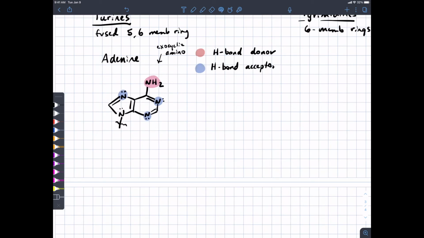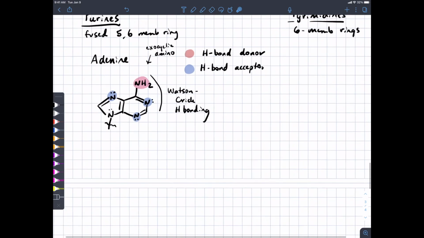Now, I'll point out that it's these 2 that are involved in Watson-Crick hydrogen bonding. Nevertheless, the presence of these ring nitrogens on these other positions can be important because there are a lot of transcription factors that bind DNA in the major and minor grooves, and they're going to be interacting with these ring nitrogens that are on the edges. Okay, so that's adenine.